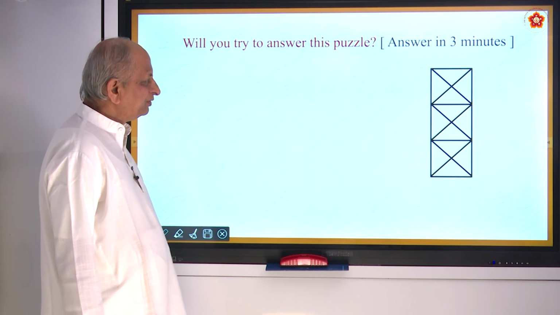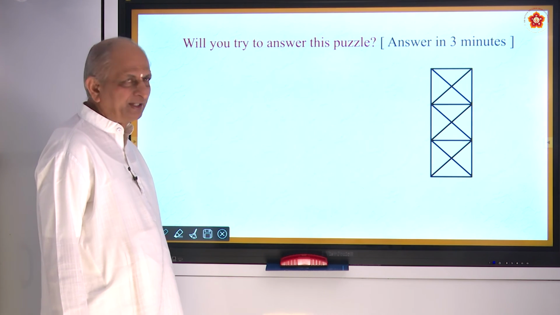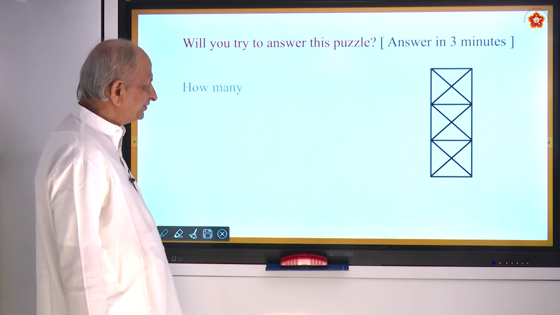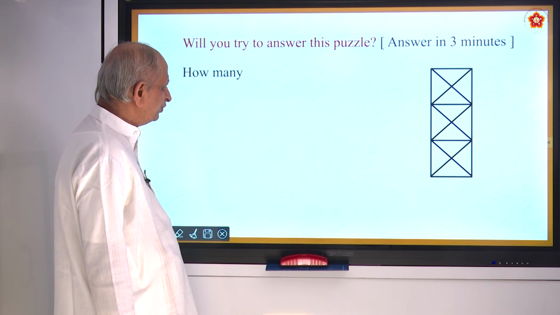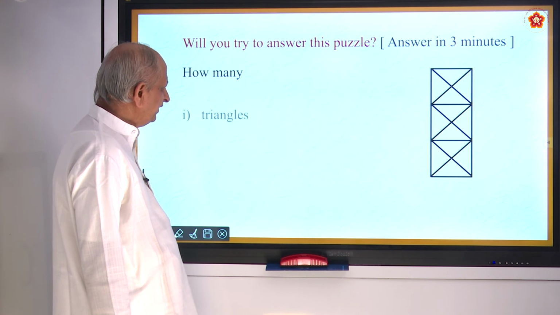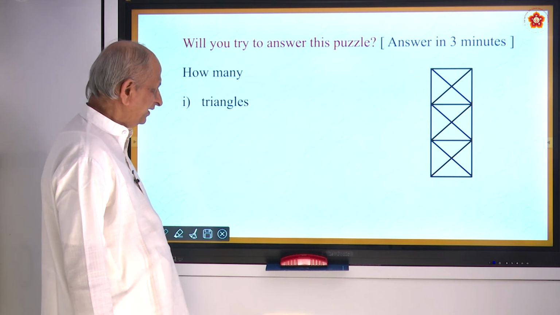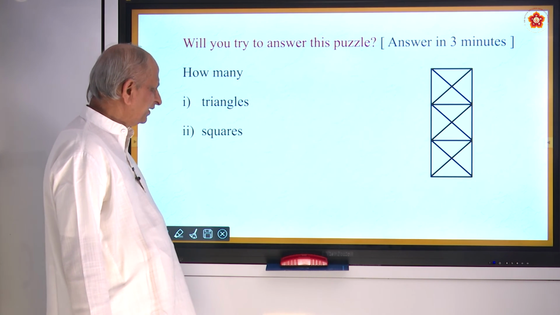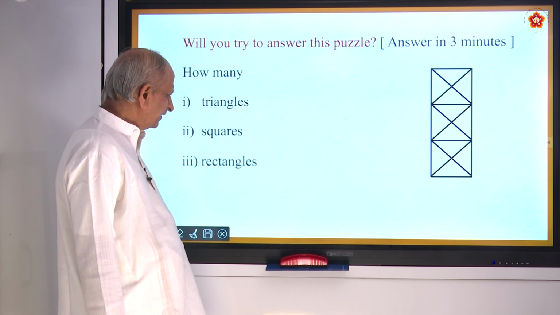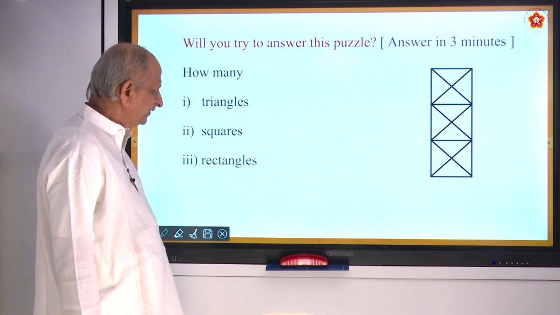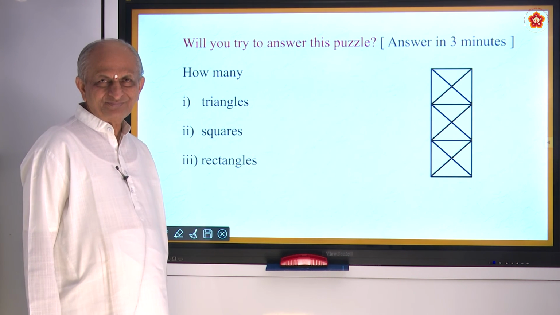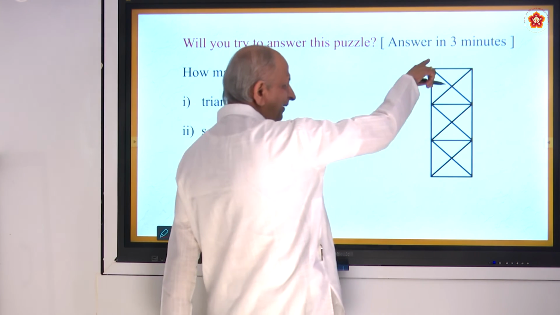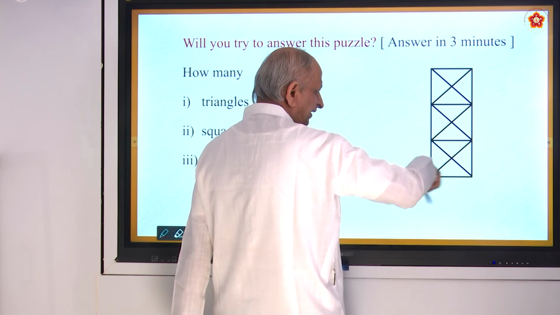Now here is one question, something like a puzzle. Can you work out? You have to answer in 3 minutes because there are 3 questions here. How many triangles are there? How many squares are there? How many rectangles are there in the given figure? Can you solve it? Think about that. For that you can give names also, A, B, C, D like that.